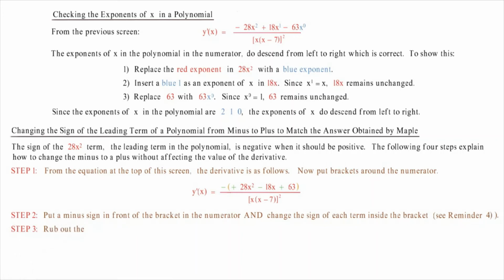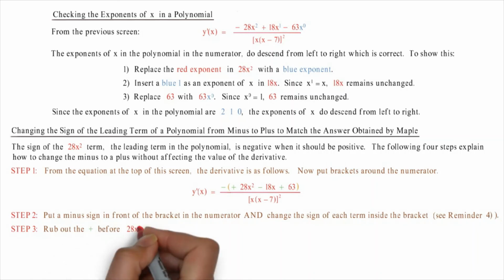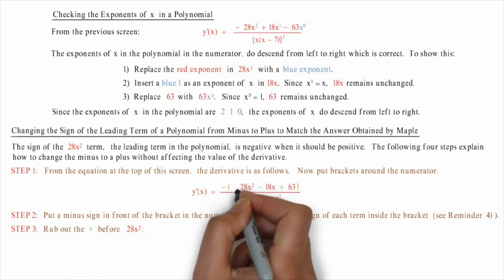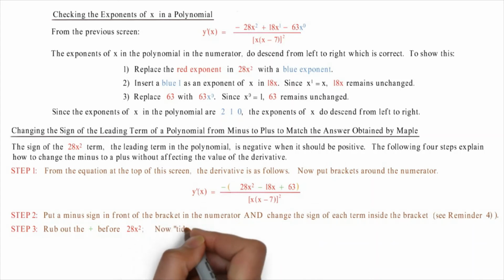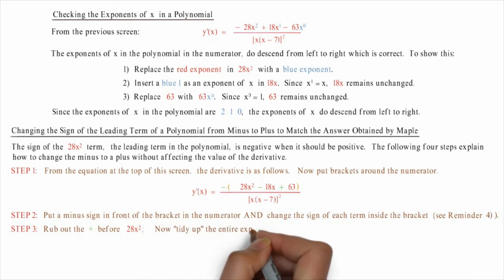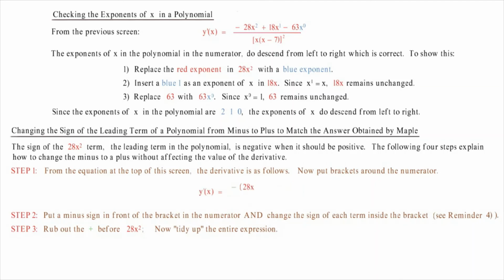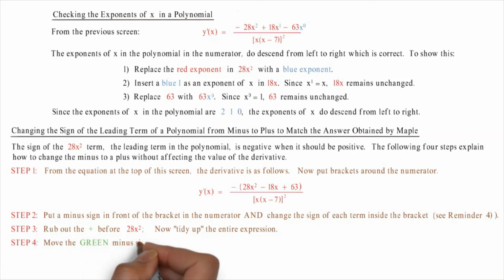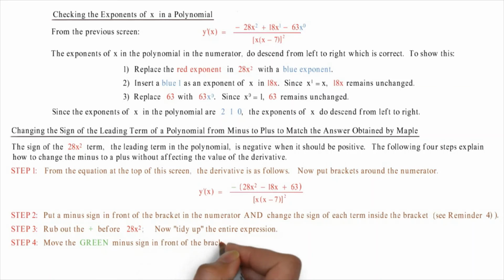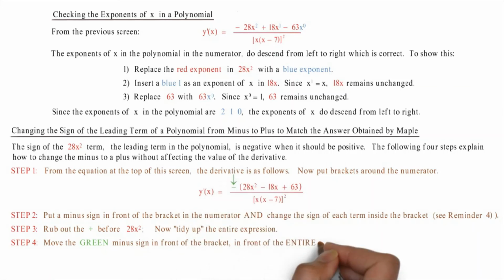Step 3. Rub out the plus before 28x squared. Now tidy up the entire expression. Step 4. Move the green minus sign in front of the bracket in front of the entire expression.